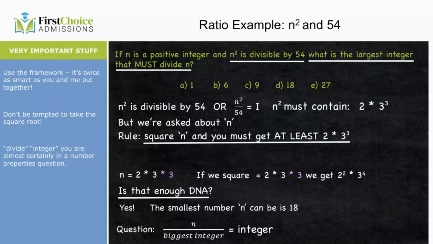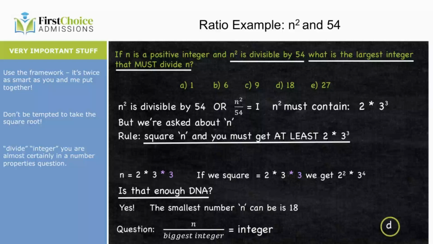Does 9 divide into 18? You bet it does. Is it the biggest number that'll divide into 18? No, it's not. There's one bigger number. 18. Does 18 divide into 18? You bet it does. It absolutely does. Is that the biggest number that will divide into our n? Yeah, it is. 18 is the biggest one that must do it.